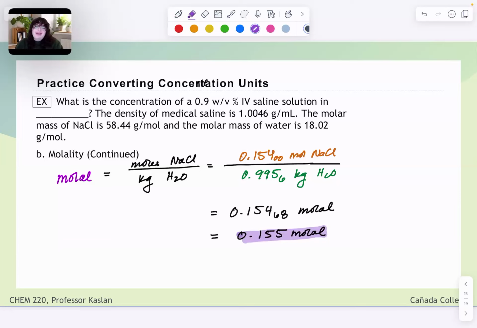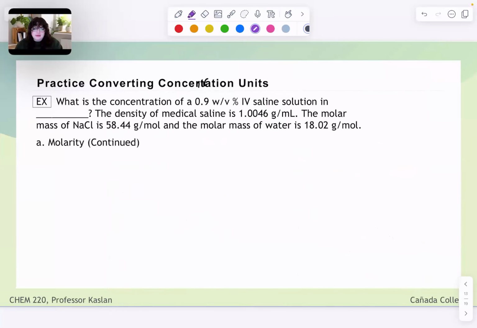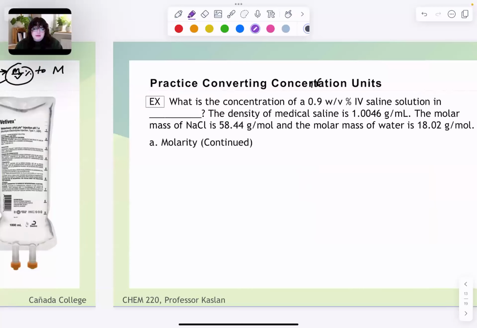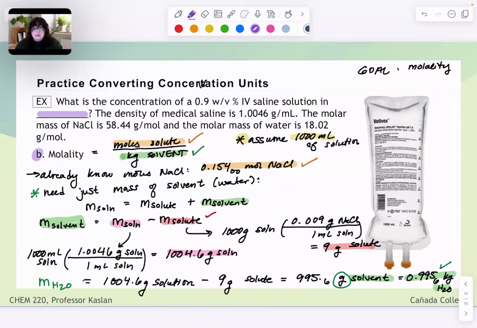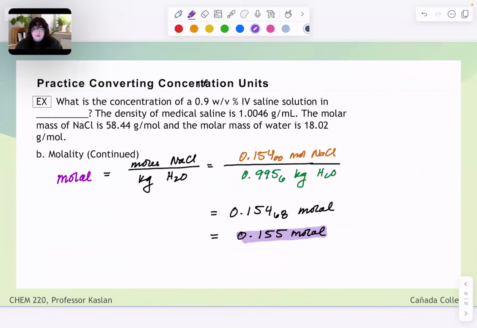Now, why is this so similar to the molarity? Right here, molarity, right? 0.154 molar versus 0.155 molal. That's because we're talking about aqueous solutions here, right?